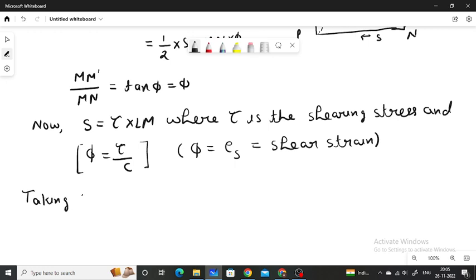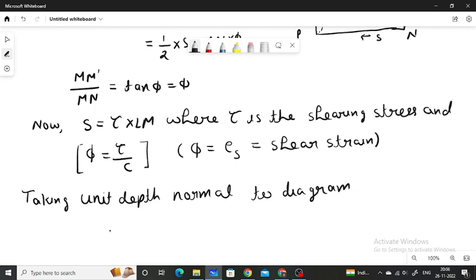Taking unit depth normal to the diagram, strain energy will be equal to the work done.